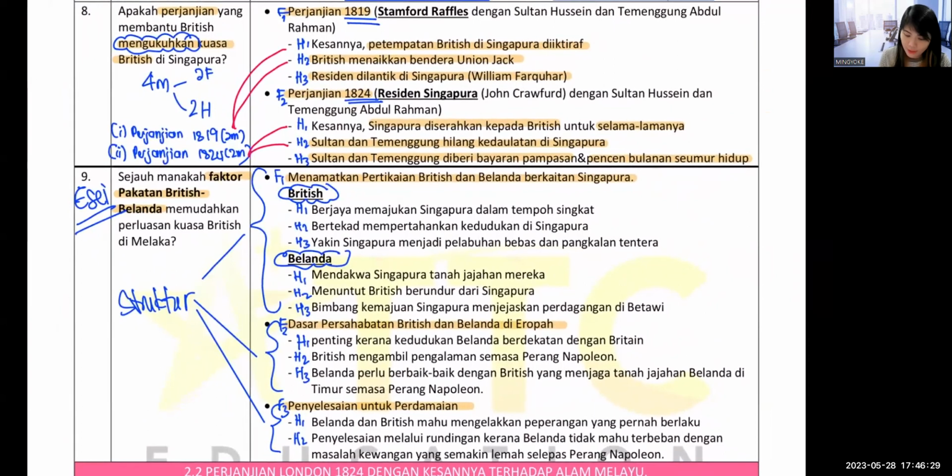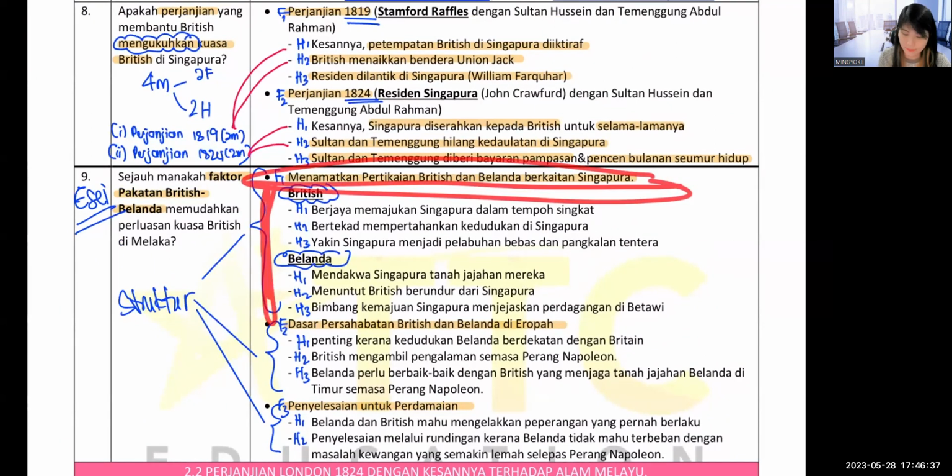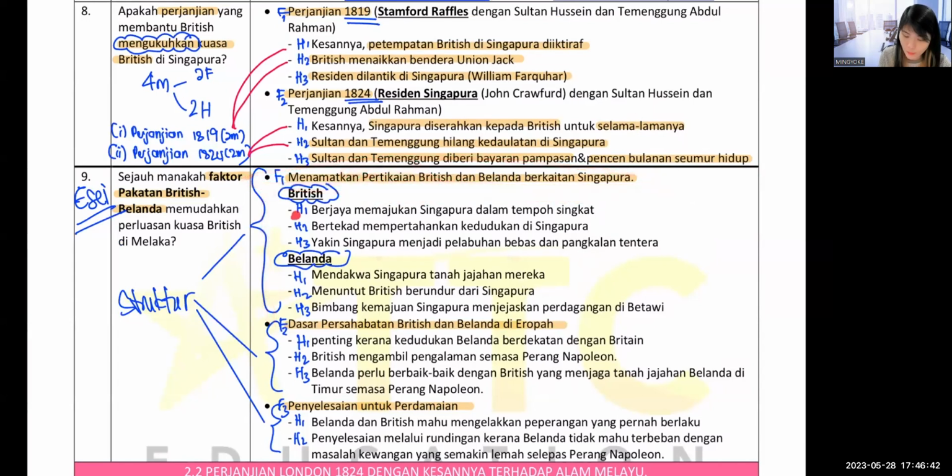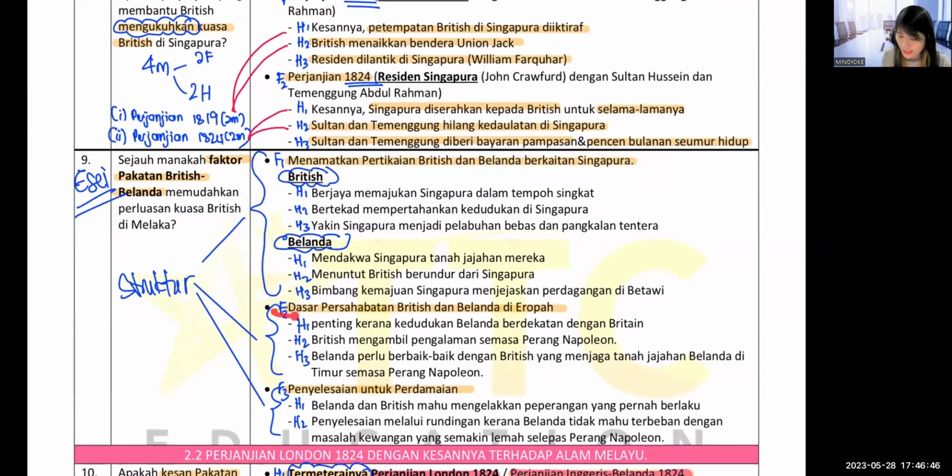You know why? Because they can directly ask you what did British and Belanda do to end the argument. Pertikaian means dispute, argument. So you have 1, 2, 3, 4, 5, 6. And then they can ask you how their relationship structure in Europe. Then you have 1, 2, 3.